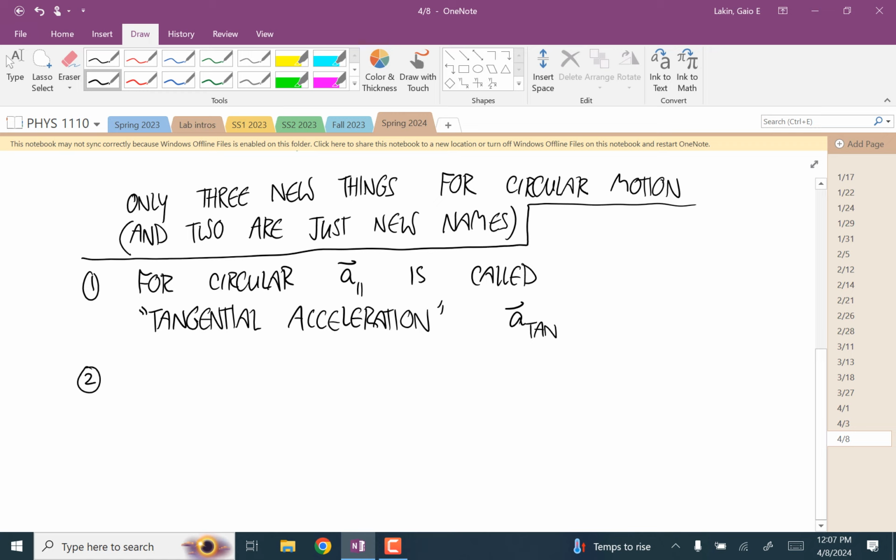The second new thing is also just naming, and it's a new name that we're going to call the perpendicular part of the acceleration. So for circular motion only, a perpendicular is called the centripetal acceleration.